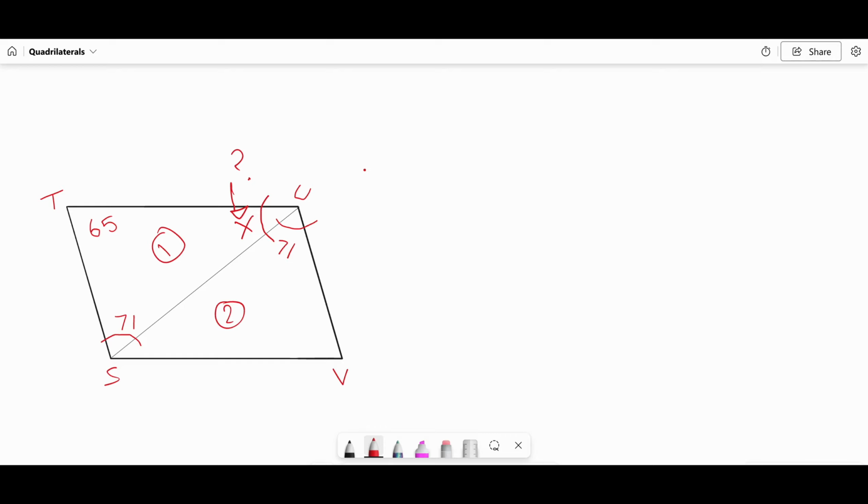Now, one thing that we need to know is that the diagonals in any quadrilateral create two triangles. We have this triangle here, TSU, and we have another triangle here, triangle number 2, SVU, and they have a common side, which is the diagonal of the quadrilateral.